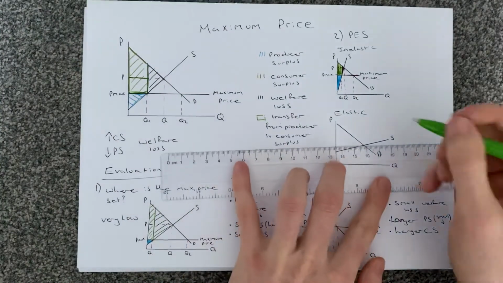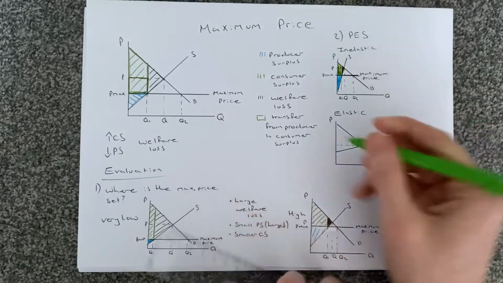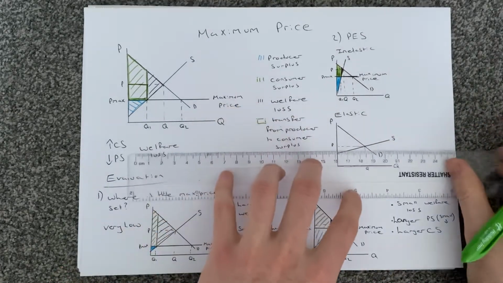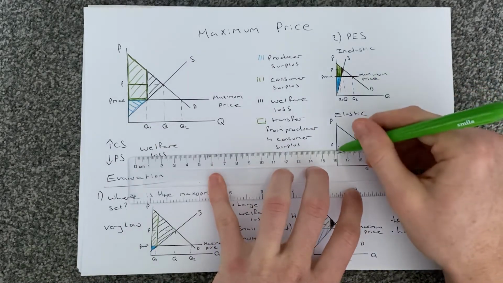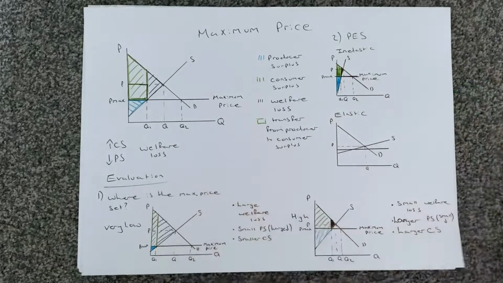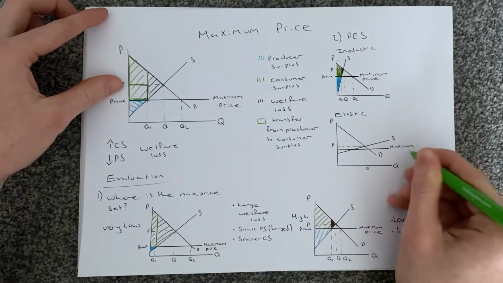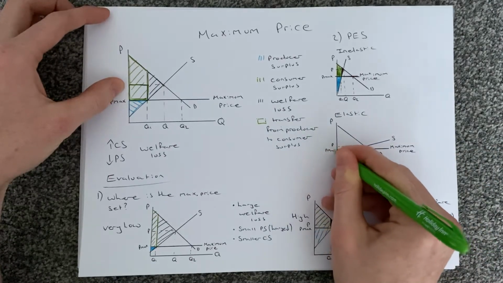And then we're going to add in our equilibrium. Then we're going to introduce our maximum price, and we'll label that P max.